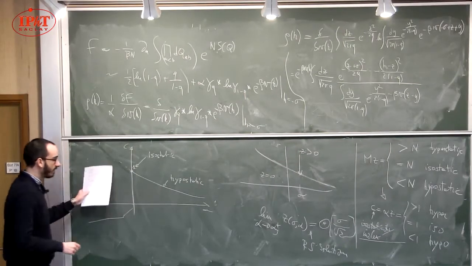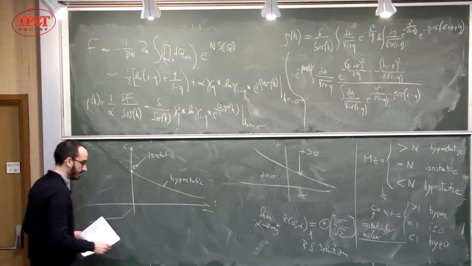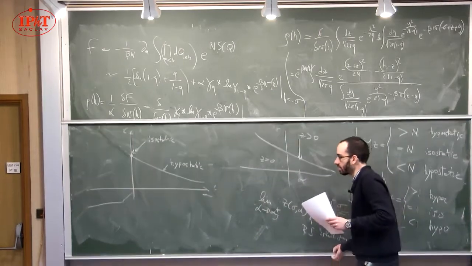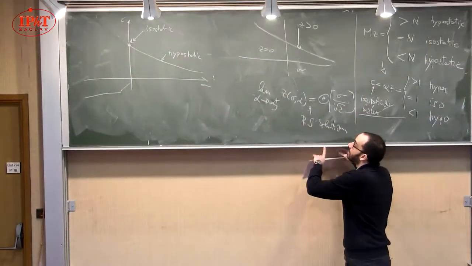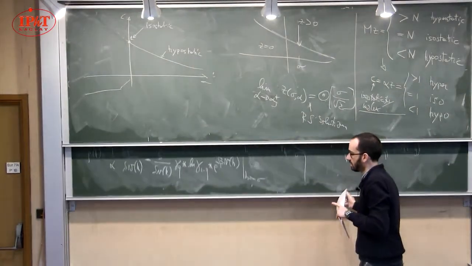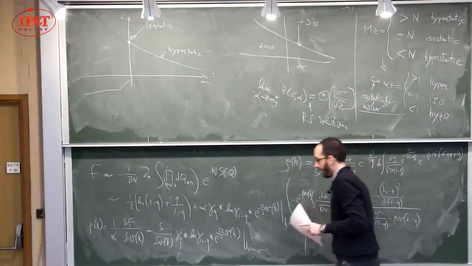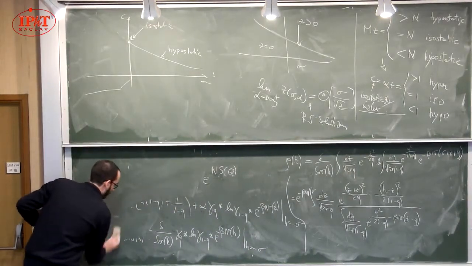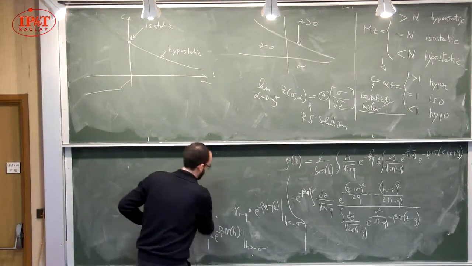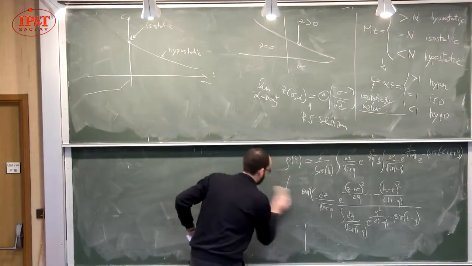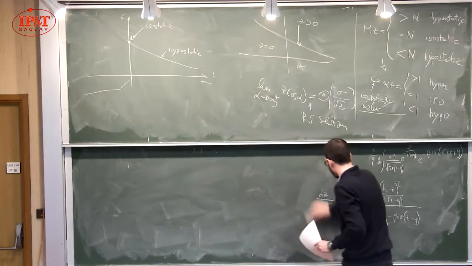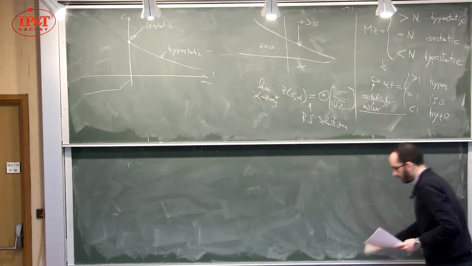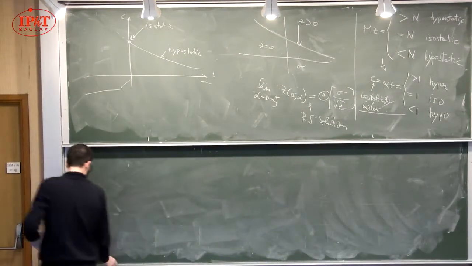Okay. So before doing that, I would like just to come back to spheres, because we discussed a bit the properties of the jamming transition for hard spheres in the first lecture. So suppose that you take a packing of hard spheres.